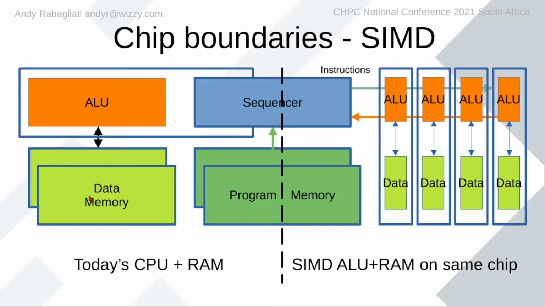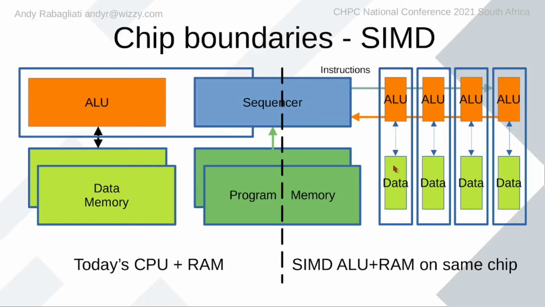my SIMD processor organizes the chip boundaries differently. Here you can see that the ALU has been slipped into the data RAM itself. So the sequencer and program memory are still outside, but the ALU now has its own private bus to its own private data.